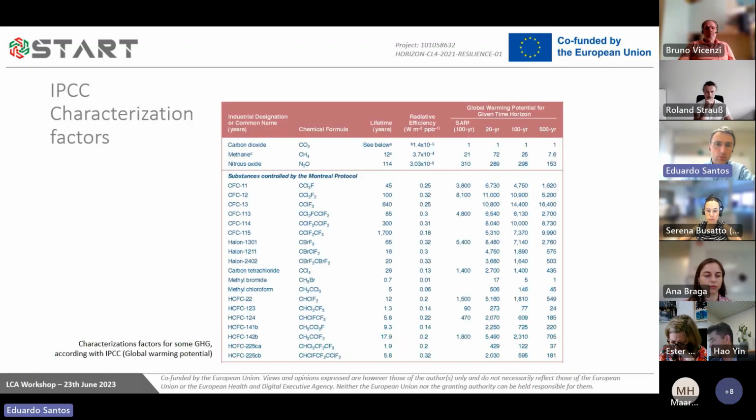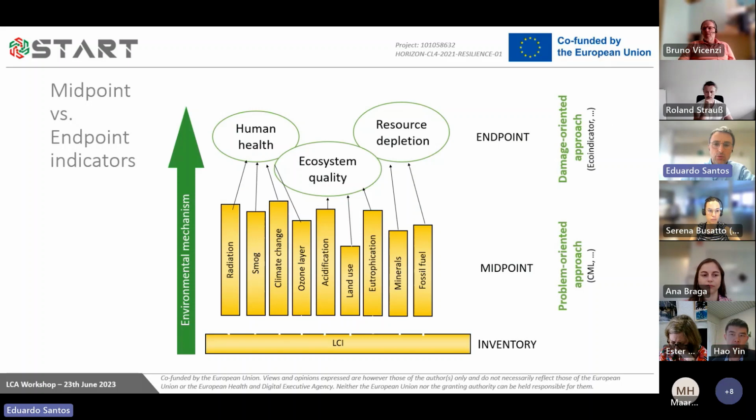So I will just go, because of time, to show you this slide. This shows a better picture of what I'm talking about when doing different choices for the impact assessment stage. We have the inventory, which has the physical units, the inputs and outputs for the processes.